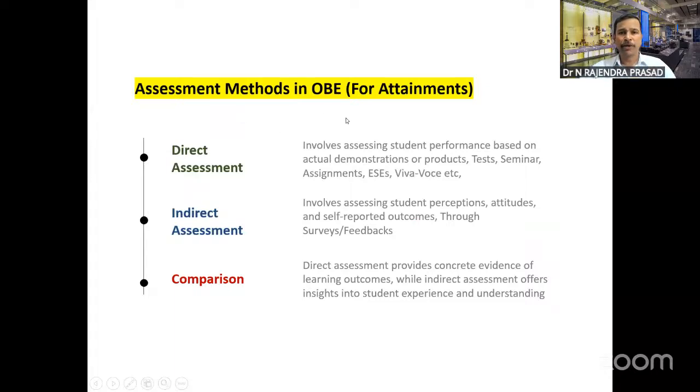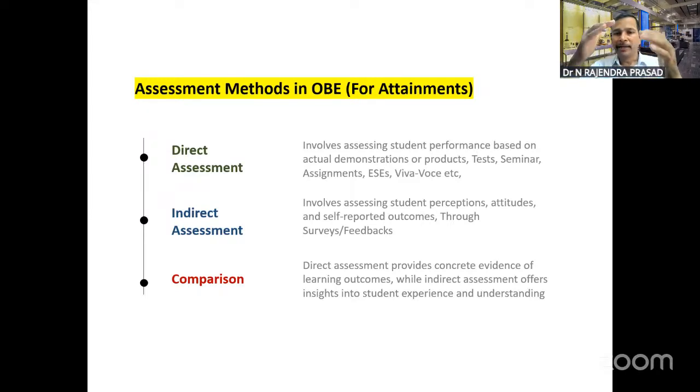We assess the students in outcome-based education in two ways. One is the direct assessment and another one is the indirect assessment. I can put in front of you that direct assessment is simply assessing the students by giving the marks. That's it.